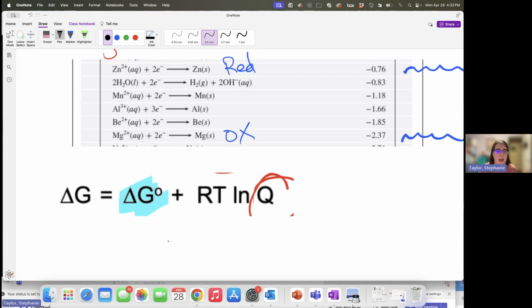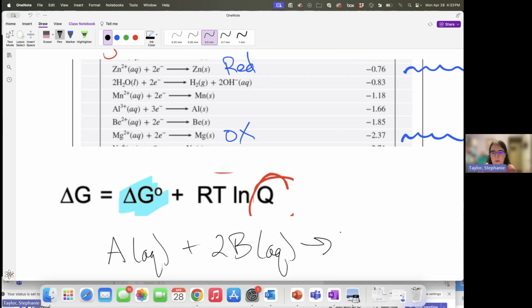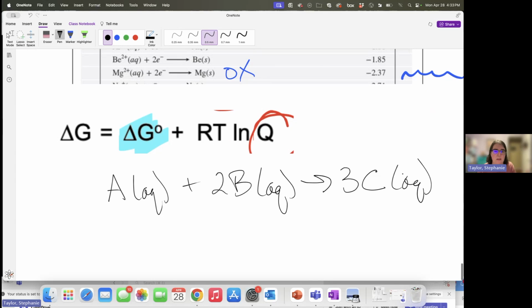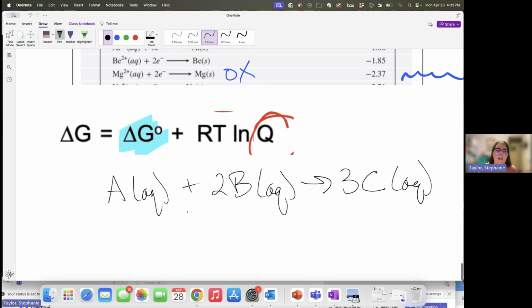Since I'm making up a reaction, we are just going to use aqueous A plus 2B, also aqueous, goes to 3C, also aqueous. We are told that for this reaction, delta G standard is equal to negative 5.7 kilojoules per mole.